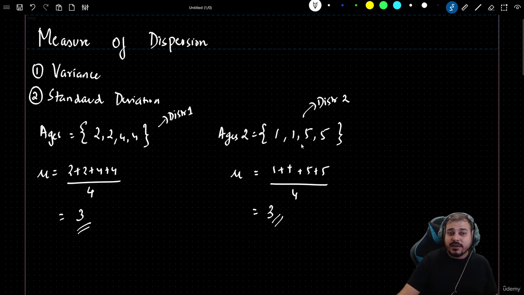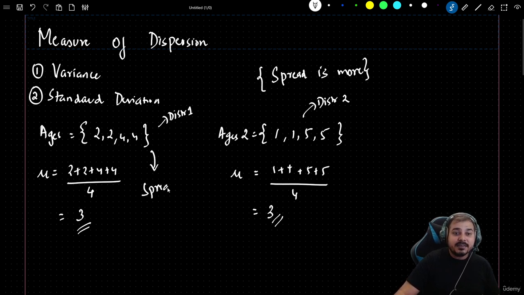If I consider 3 over here, you can see that 5 and 1 are far away from this mean, whereas if I compare 4 over here, it is very near to the mean. Similarly, 2 is very near to the mean. Over here, 1 is a little bit far away from the mean. So what exactly is getting denoted? It is getting denoted that the spread or dispersion is more here, whereas in this particular case, the spread is less.